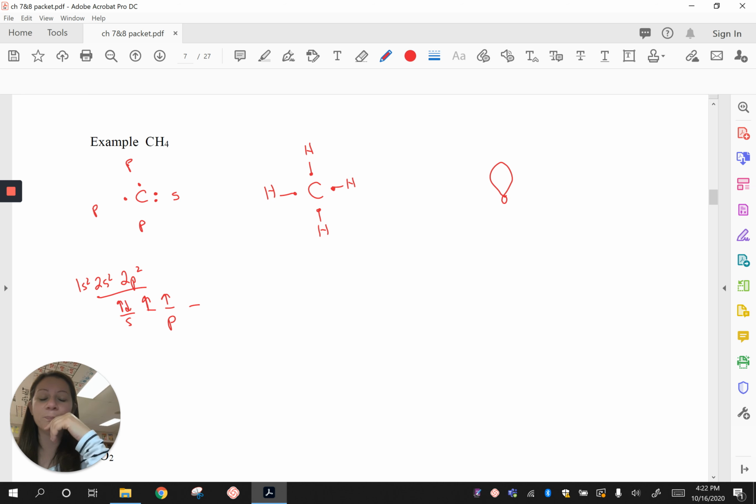And it turned out that all 4 of these orbitals looked like that. So all 4 of the orbitals mixed together, and they said, oh, it looks like there's an s orbital and 3 p orbitals mixing together, so let's call that sp3, because these 4 orbitals are a mix of 1 part s and 3 parts p.